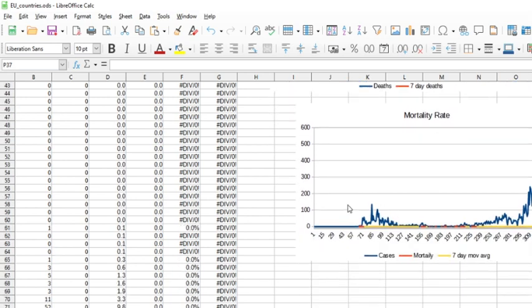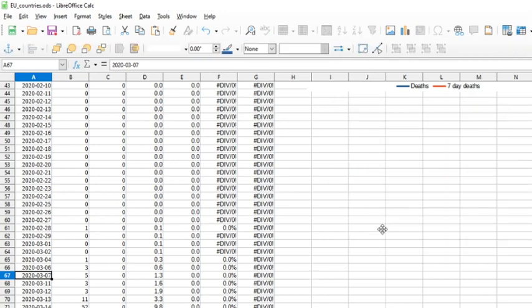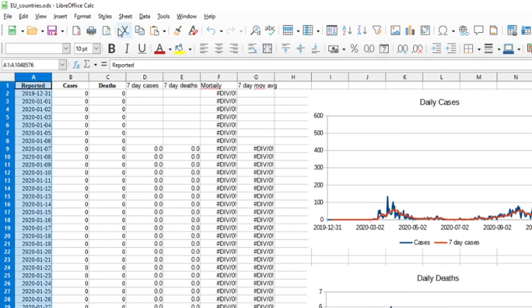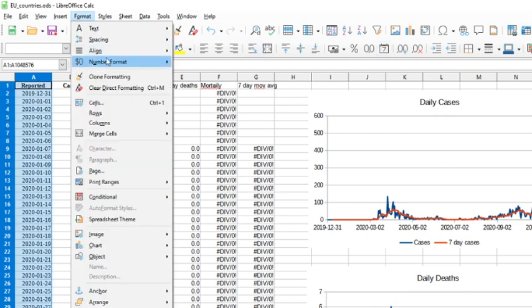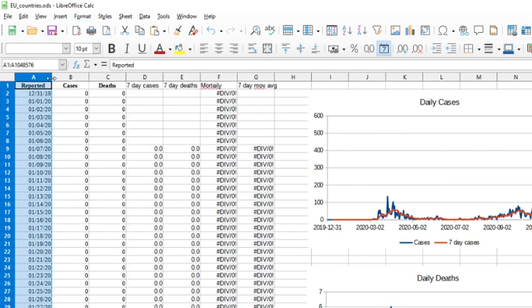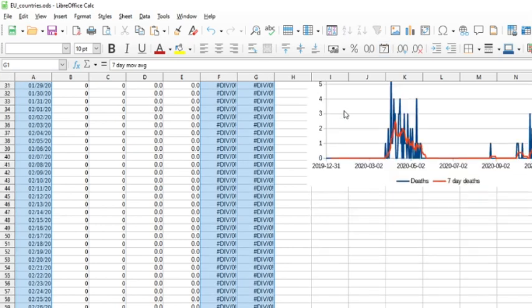And what you can see here is that didn't work right. Let's come back over here. You know what? Let's do this. There we go. Mortality rate, daily mortality rate.